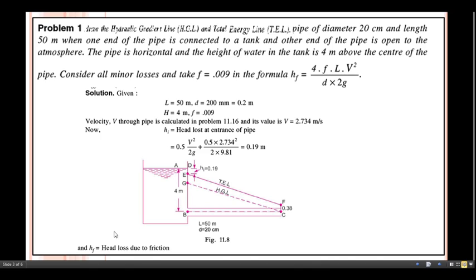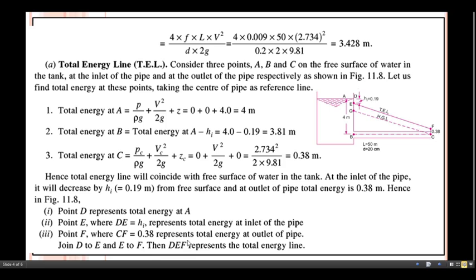Now here hf indicates the head loss due to friction. So hf, we know this formula, 4fLV square divided by D multiplied by twice g. After doing calculation we get 3.428 meter. So once we get that hf, just move towards the next point, that is total energy line.